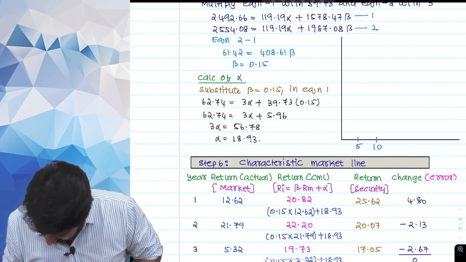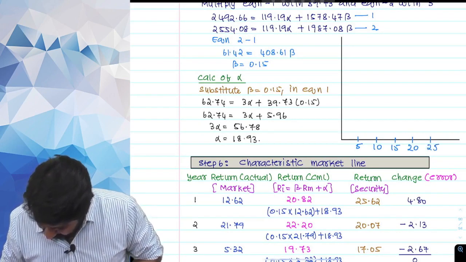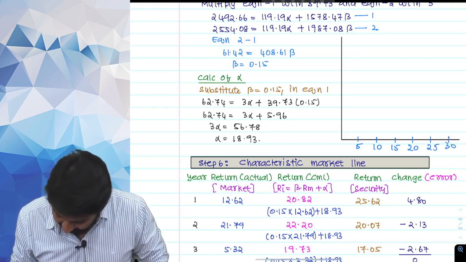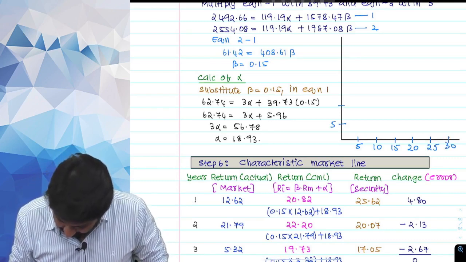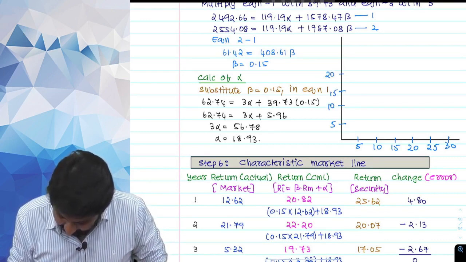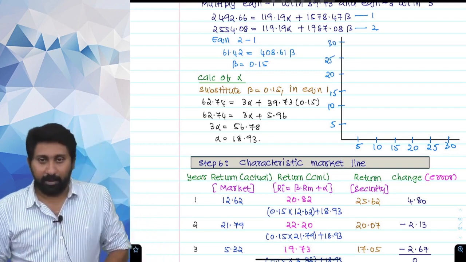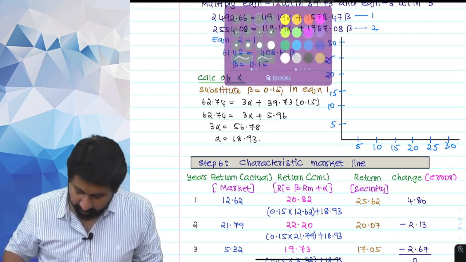5, 10, 15, 20, 25, 30. Now listen carefully.